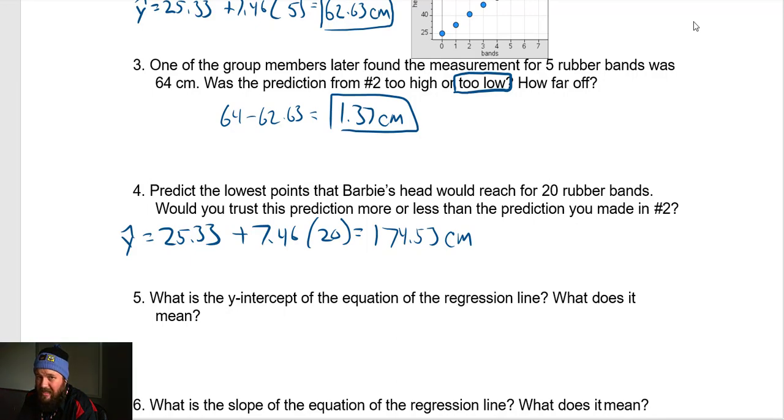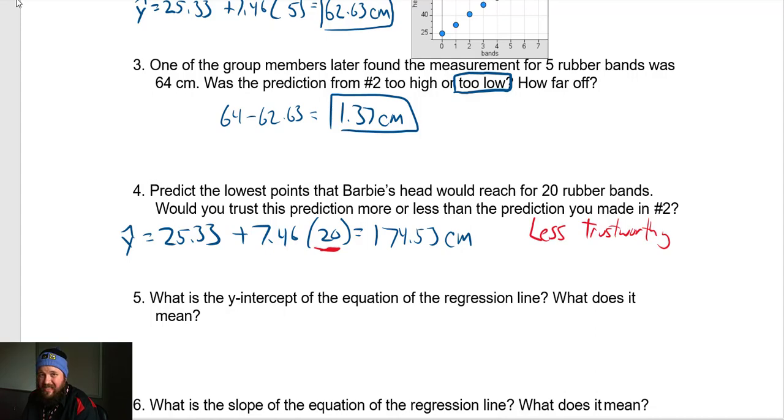So is that trustworthy or not? Well, I'm going to say it is less trustworthy, right? So it's less trustworthy, because 20 rubber bands is so far away from the data points, right?